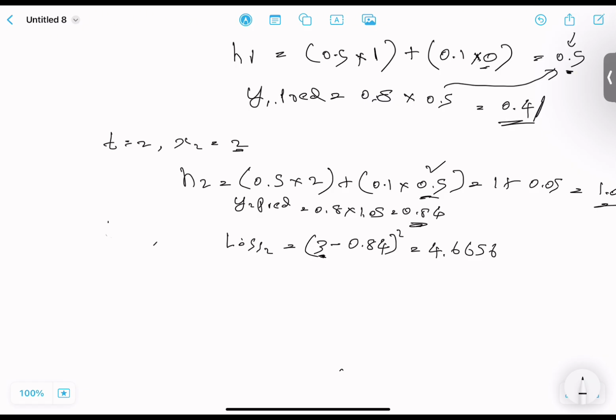So if we take this part only, .16, yeah, right. So this is the loss.